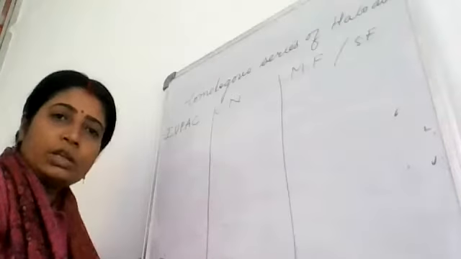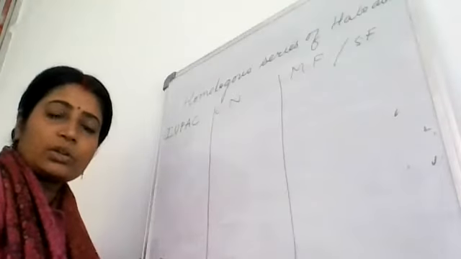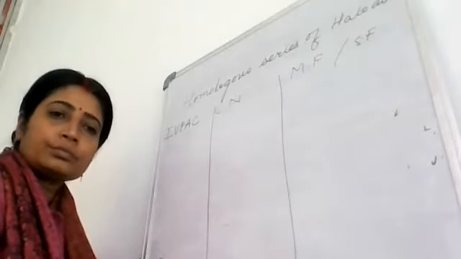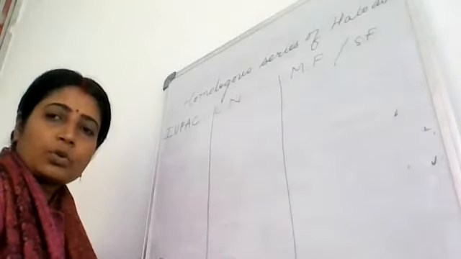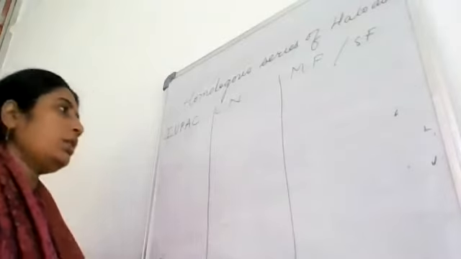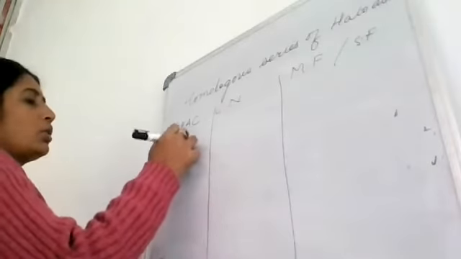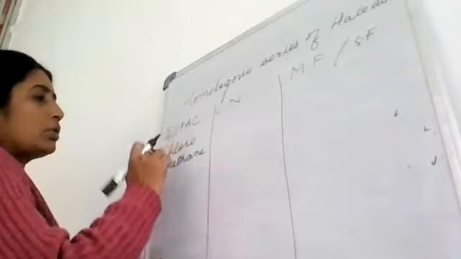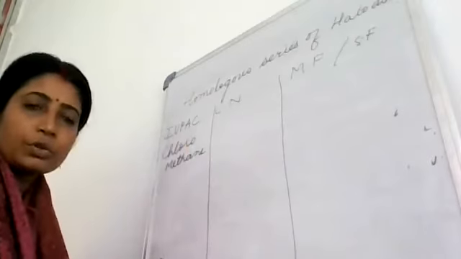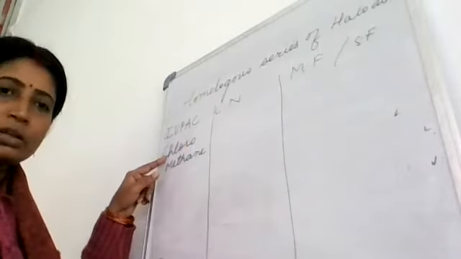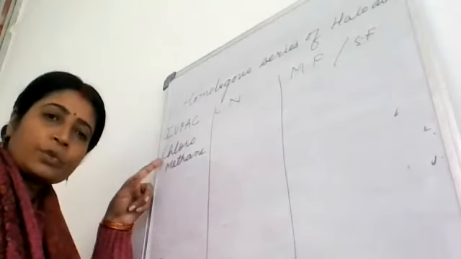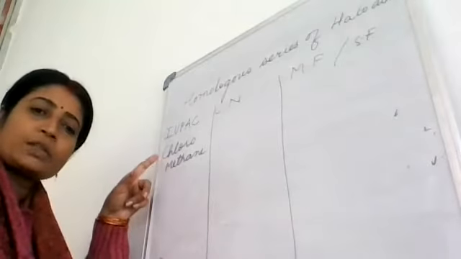So what do you think? If we take chlorine as a functional group, what will be the name of the first member? Chloromethane. Very good. Chloro is the functional group we are using. We can also use fluoromethane, iodomethane, or bromomethane, but here we have taken the functional group as chloro.